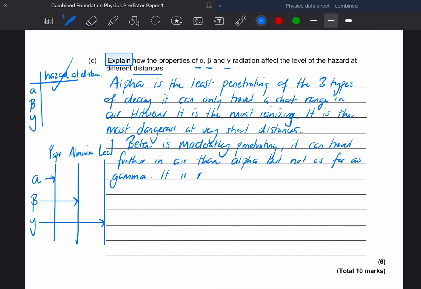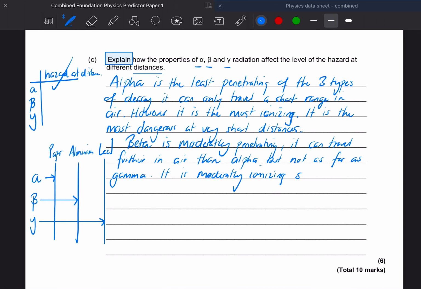It is moderately ionizing, so it will not remove electrons as easily as the alpha will because it's a smaller particle, but it will remove them more easily than the gamma will. So it's more dangerous than gamma. So beta is moderately penetrating. It can travel further than alpha, but not as far as gamma.